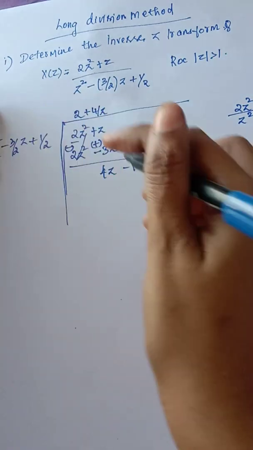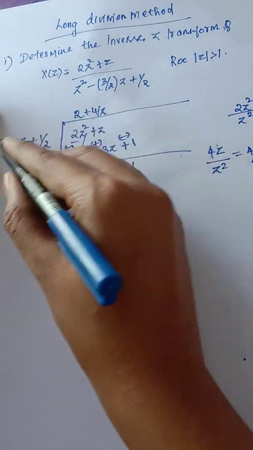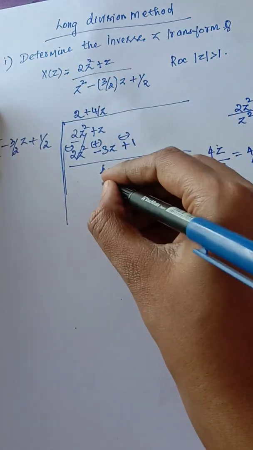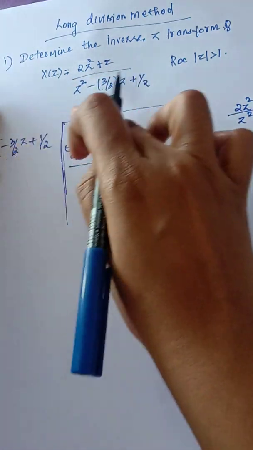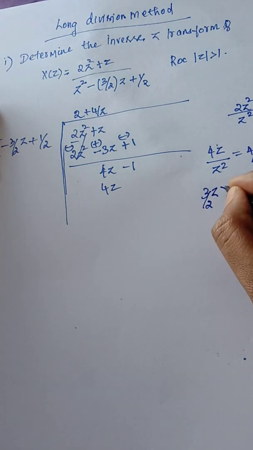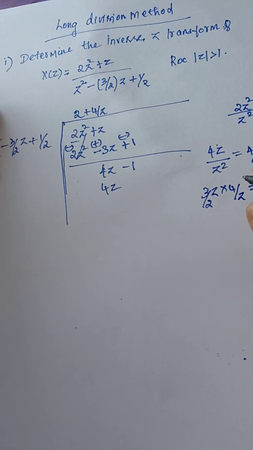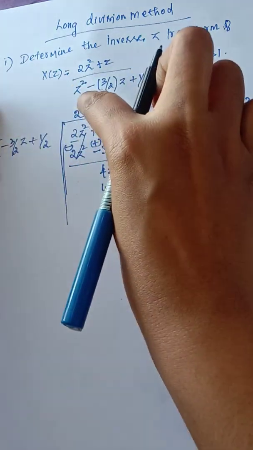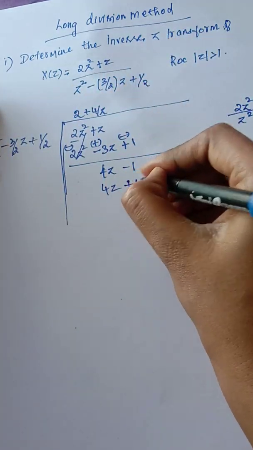So it is 4 by z. Multiply with this, so z square into 4 by z is 4z. Now when you multiply with this, that is 3 by 2z into 4 by z, this will get cancelled, so you will get 6. Here there is minus, so you will get plus 6.